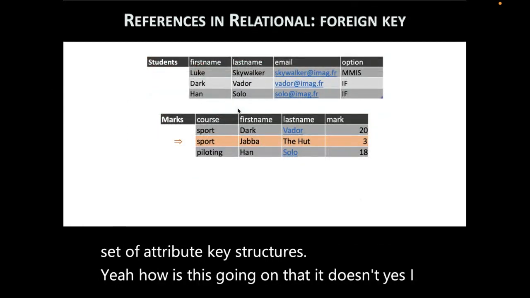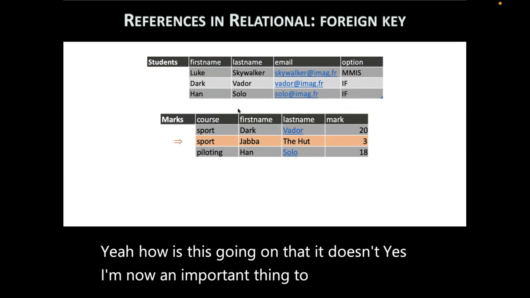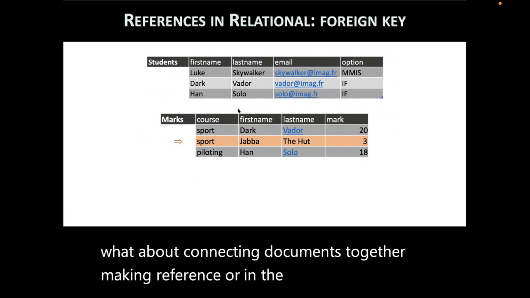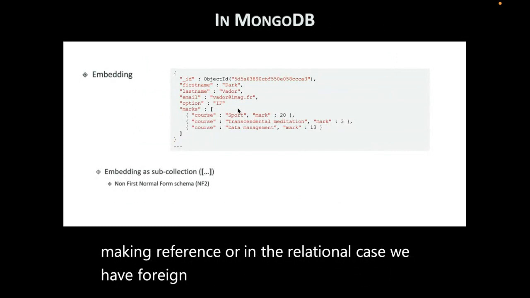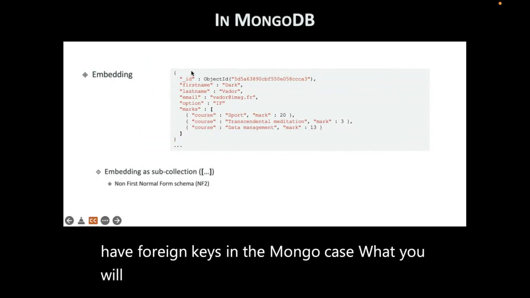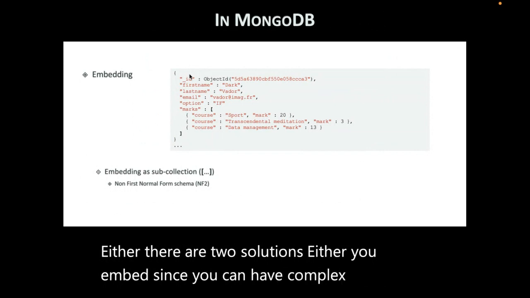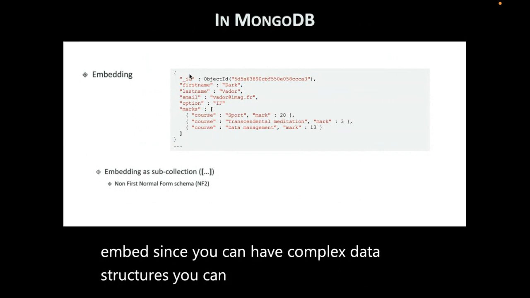And now an important thing to think about is what about connecting documents together, making reference. So in the relational case, we have foreign keys. In the Mongo case, there are two solutions. Either you embed, since you can have complex data structures, you can embed a structure within the document.